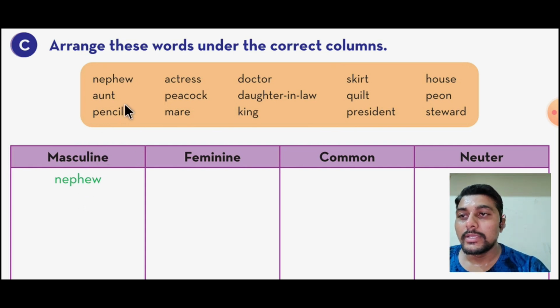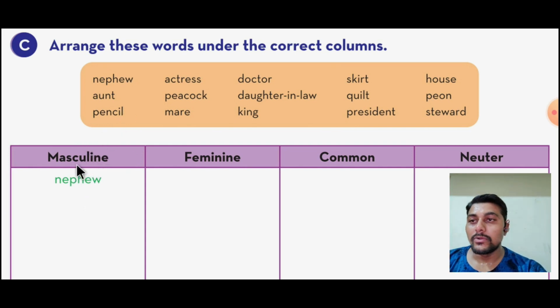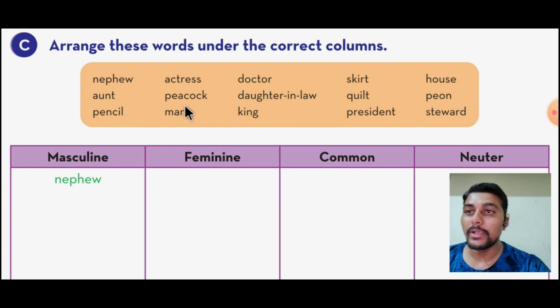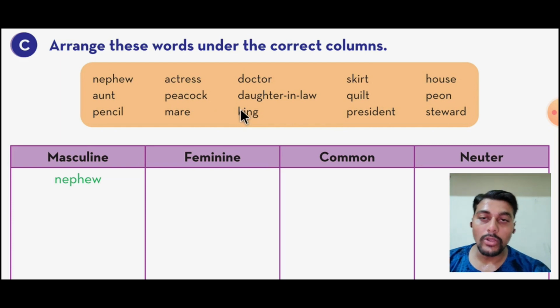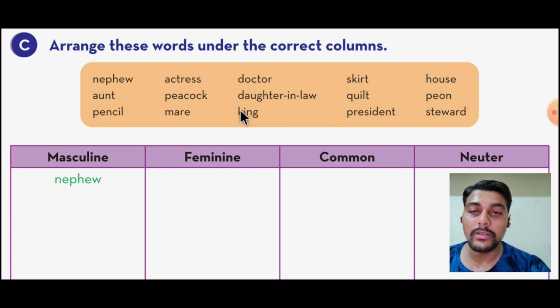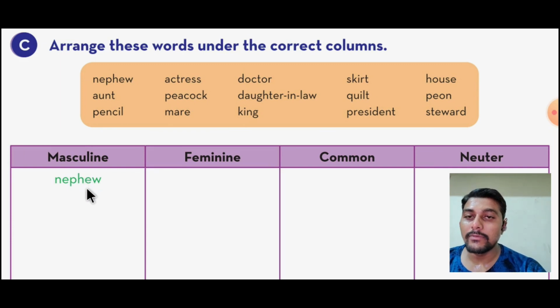Okay, so the next noun will come in the masculine category. What would that be? Yes, peacock. Then king. So nephew, peacock, and king, all these three nouns will come into the masculine category. Is there anyone left?